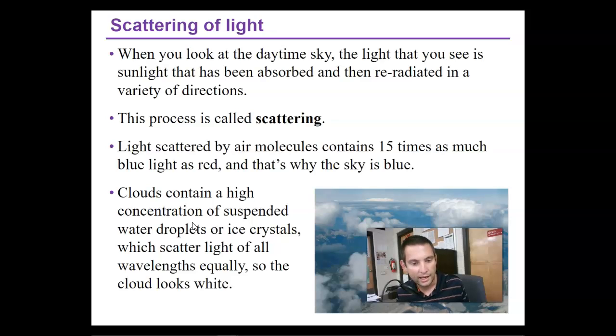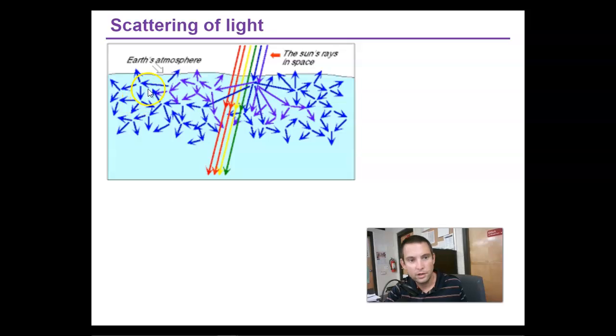Clouds contain a high concentration of suspended water droplets or ice crystals, which scatter light of all wavelengths equally, so the cloud looks white. All right, so in the Earth's atmosphere, we have the sun's rays coming in from space, all the colors coming in as white-looking light. So Roy G. Biv is present.